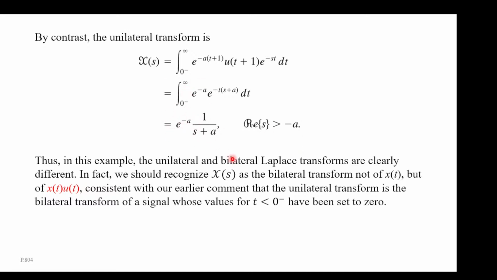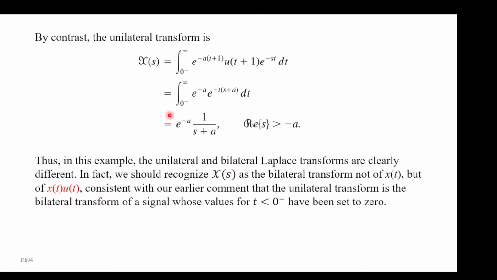Integrating e to the minus t (s plus a) gives a 1 over s plus a factor, and at infinity it equals 0, at 0 it equals 1. So this is e to the minus a times 1 over s plus a, with the real part of s greater than minus a. So the ROC is the same: still the right side of the point minus a.